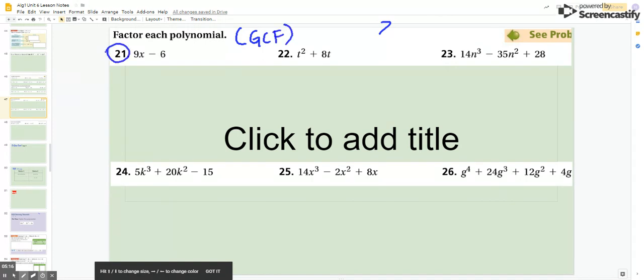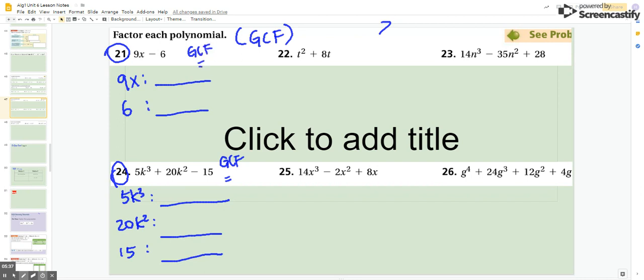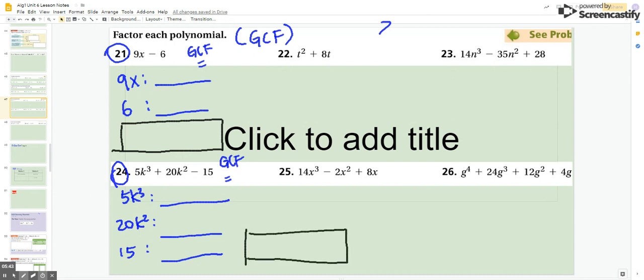So you need to finish 21 and 24, but I need you to find the greatest common factor. Copy all down now. So after you find the GCF, I need you to factor this, and then the rest of them is going to be the homework.